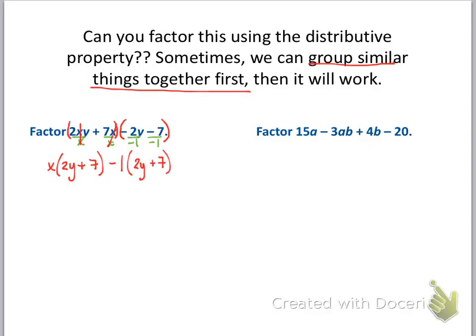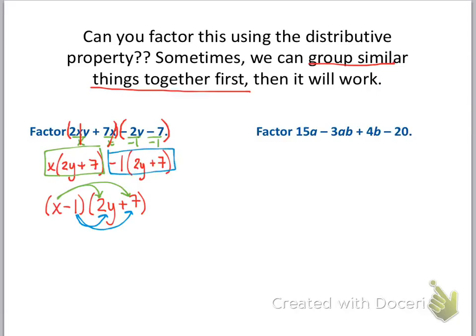Okay, now, does this look familiar to you guys? Think about when we do the claw method or FOIL. When I'm foiling, I take the first number and multiply it by both things. That's what's happening here. Then I take the second number and I multiply it by both things. That's what's happening here.